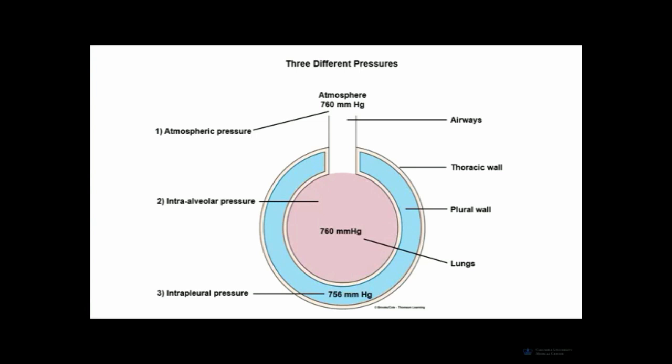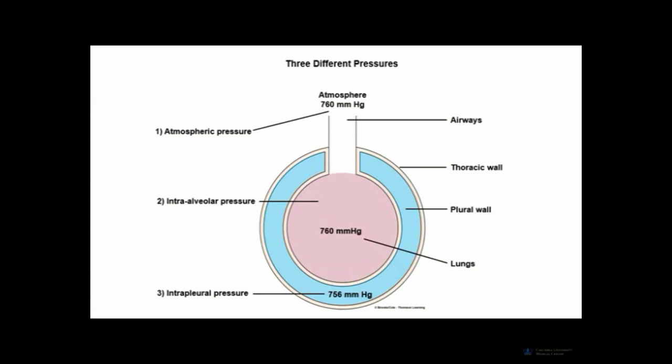So we have to get this number in what direction? Lower, right? If we want air to move in, we've got to drop this value below 760. Make sense? Now, remembering what I told you about the volume-pressure relationship, what do we have to do to the lung volume to get the pressure to drop? Increase it, right?